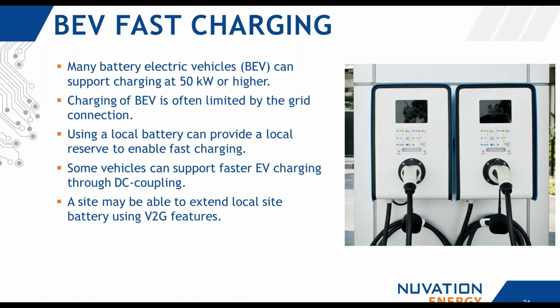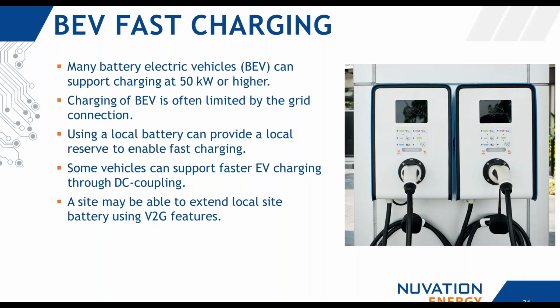Battery electric vehicle applications require many controllers to work together to fulfill this application. The electric vehicle has its own controller that needs to be talked to. The site controller may need to coordinate the battery availability information.